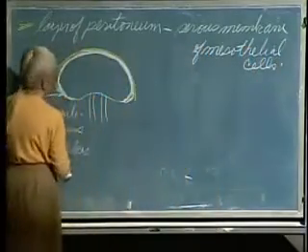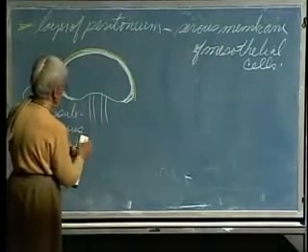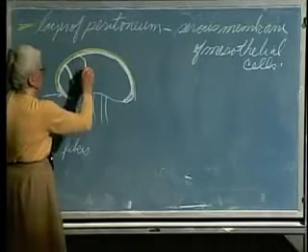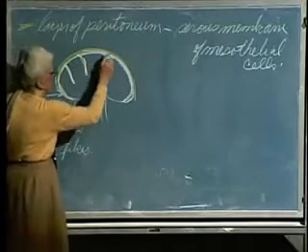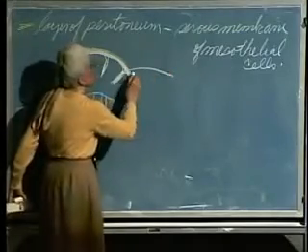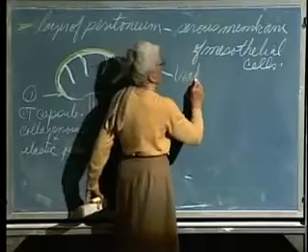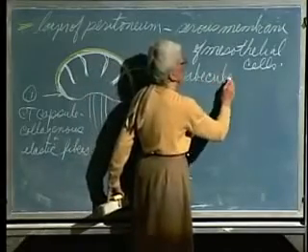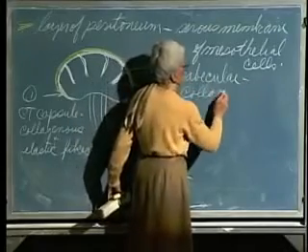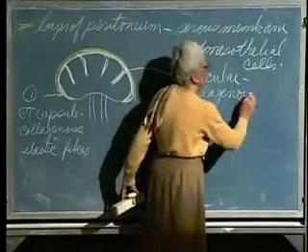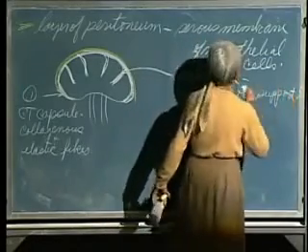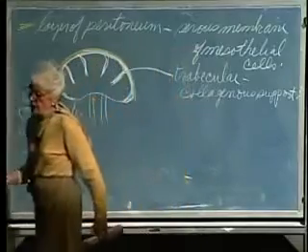Then, to give internal support, it has trabeculae made of collagenous fibers that divide it off. These represent trabeculae. They're collagenous fibers, just giving the internal support. As well as a reticulum.